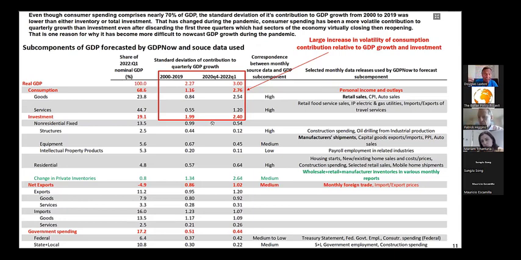Even though GDPNow might not be the best forecast of GDP, the fact that we can understand what is in it for people trying to make sense of what is going on in the economy is the tremendous value added here.